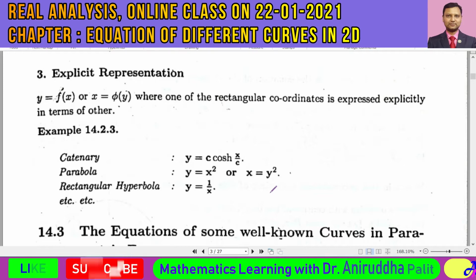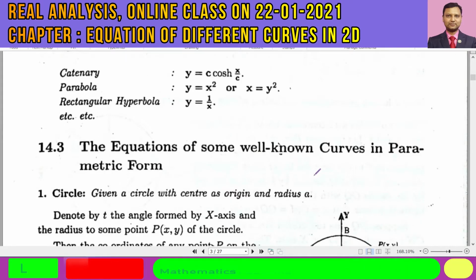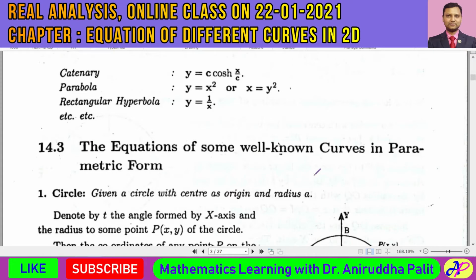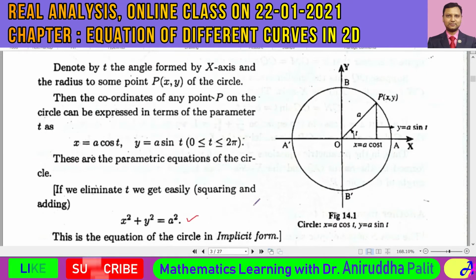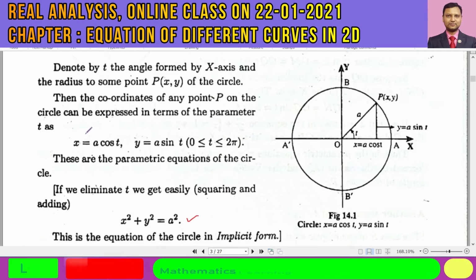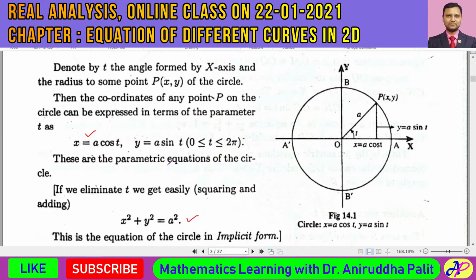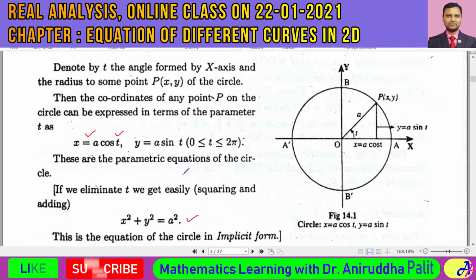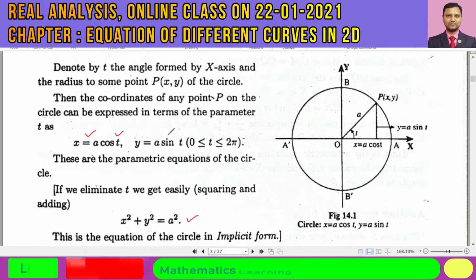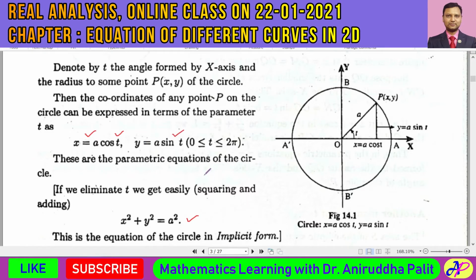And most of the time, apart from these two representations, explicit and implicit form, we also study the parametric representation. For example, if you consider this circle, x square plus y square is equal to a square, this circle can be represented in parametric form like x is equal to some function of the parameter t. Over here, x is equal to a cos t. Similarly, y is equal to another function of the parameter t. Over here, y is equal to a sine t.